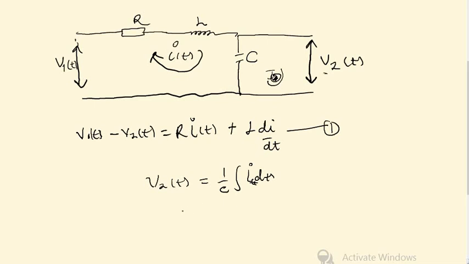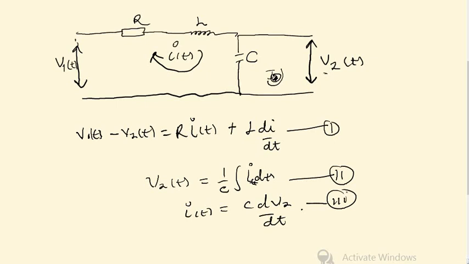Then from here we can make I the subject. We can say I of t is equal to C dv2/dt. So this one is equation 2, this one is equation 3.